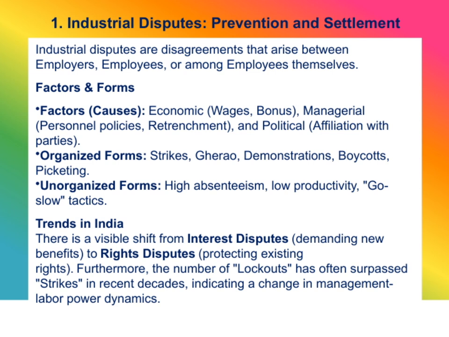This indicates a shift in power dynamics between management and labor, reflecting changing strategies and bargaining positions. Understanding these aspects is crucial because it helps us see how industrial disputes can be prevented or resolved, contributing to a more harmonious industrial environment.